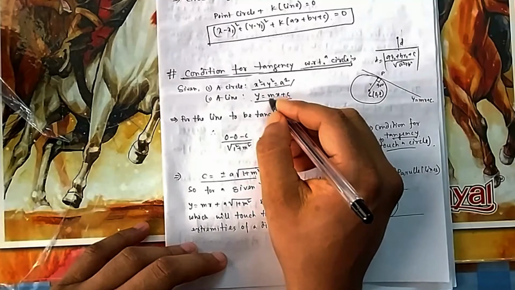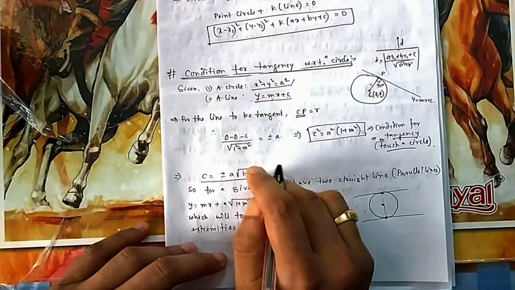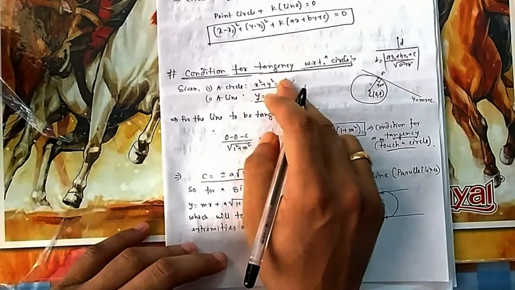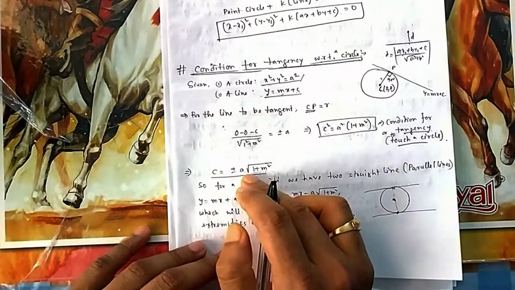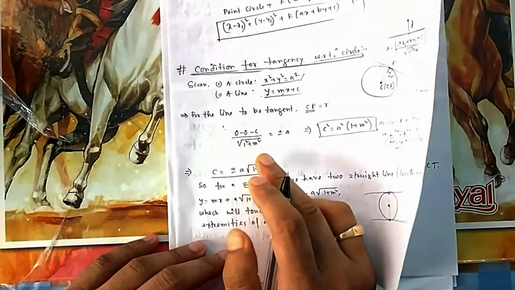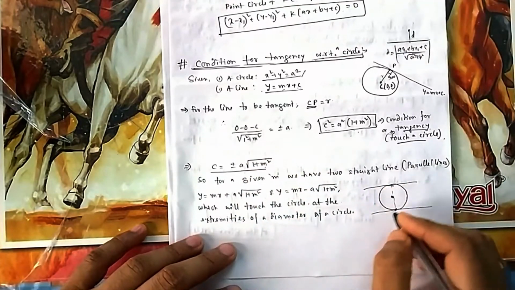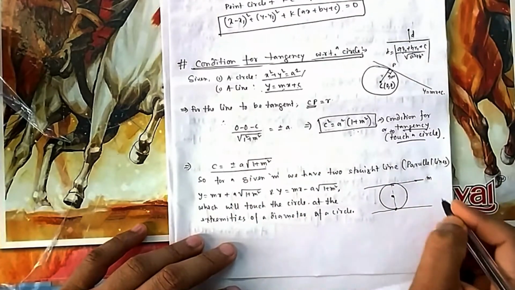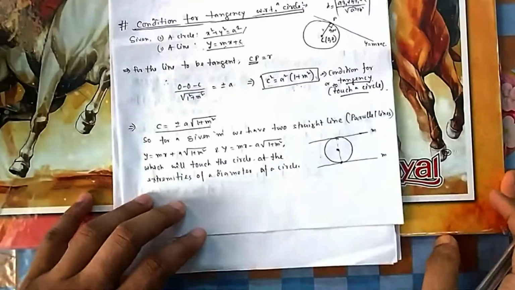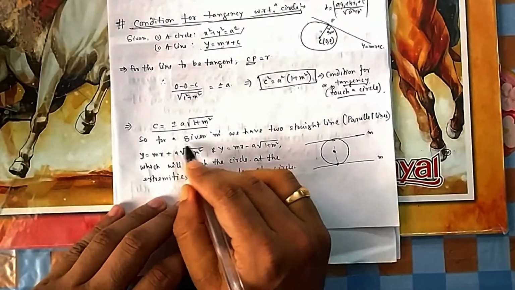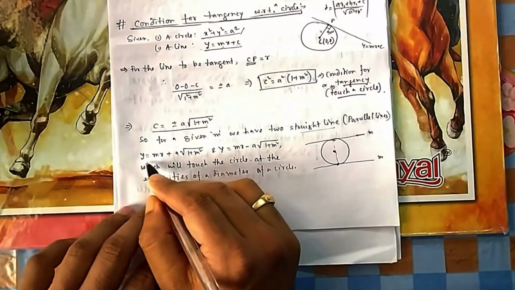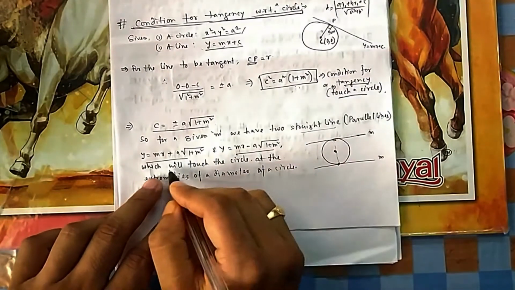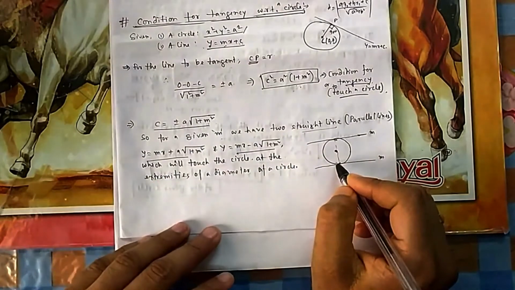Suppose I give you slope 1 for this circle; then you will find two intercepts, one with plus and one with minus, and both are parallel lines. The slope of this line is also m, and this line is also m. So for a given m, we will have two parallel straight lines which will touch the circle, which will be tangents.